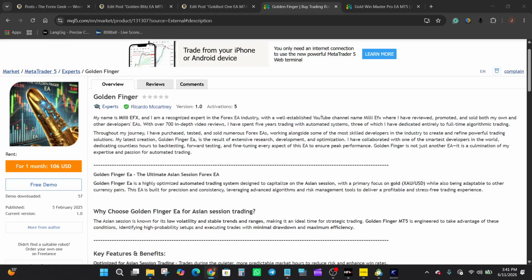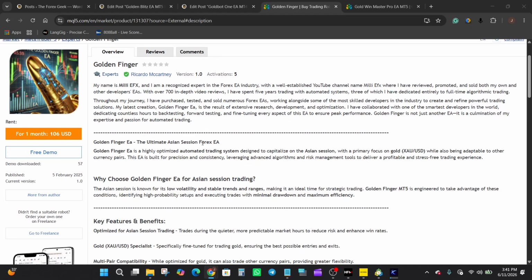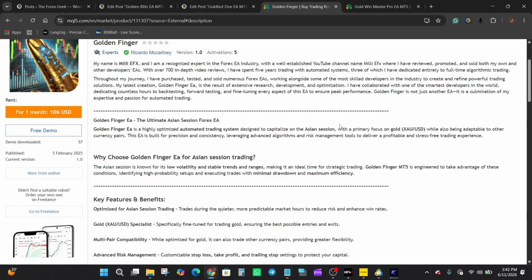From what is shown here, this is an MT5 only expert advisor, and it is mainly designed around gold trading, specifically XAUUSD. It also mentions multi-pair compatibility, but the main focus clearly stays on gold.